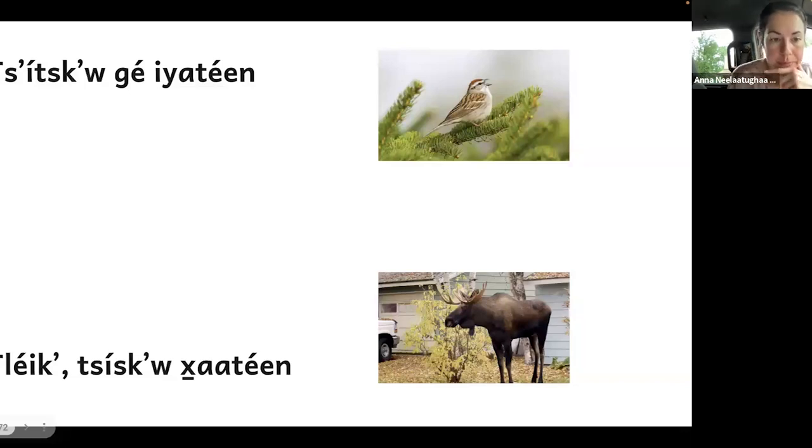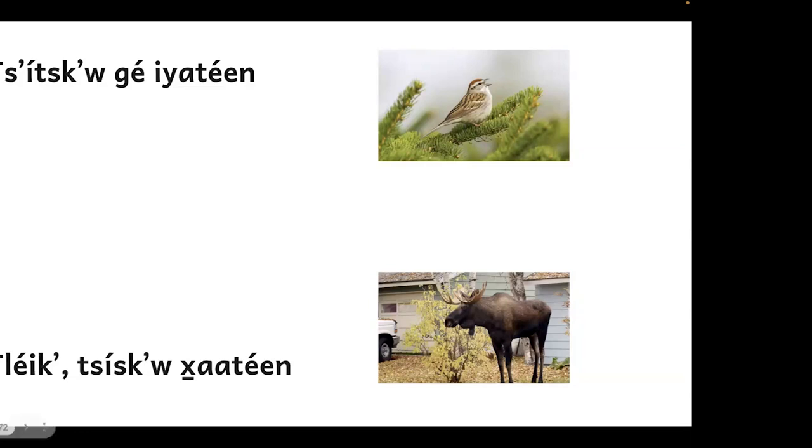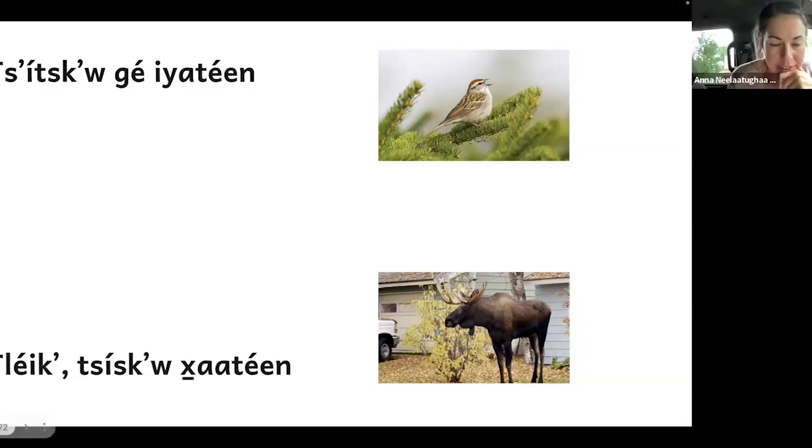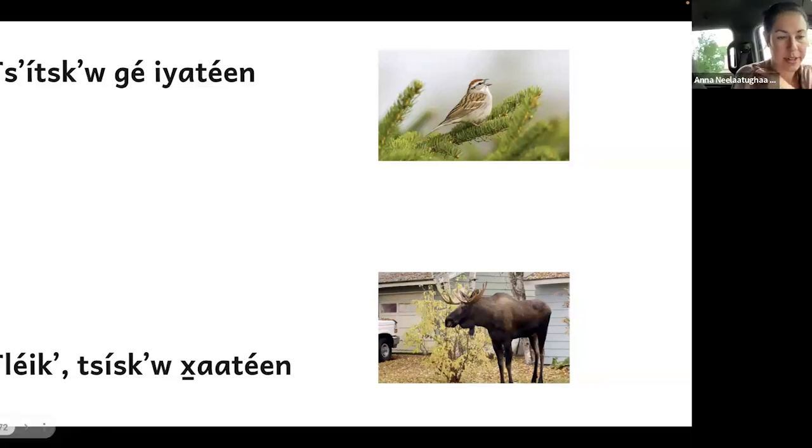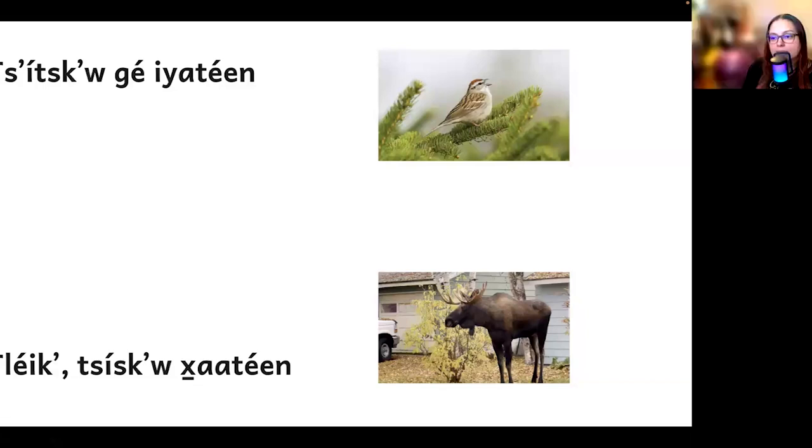No. It's a moose, I see. Yeah. Nope, I see a moose. So repeat after me the top line. It's kuke iatin. Iatin. And then repeat after me the answer. It's khatin.